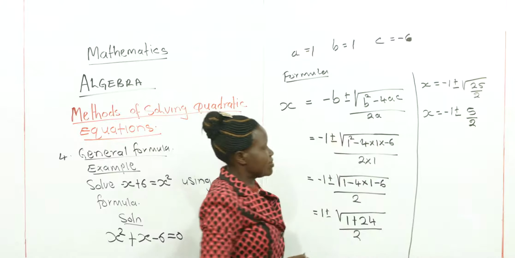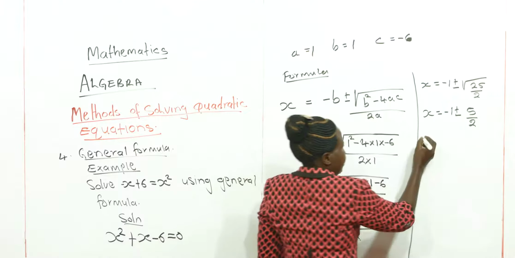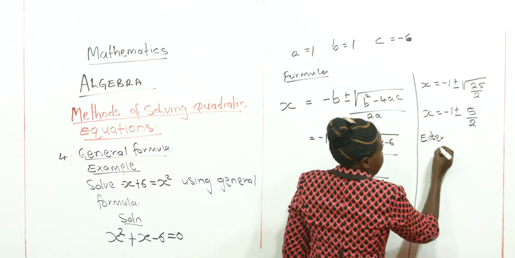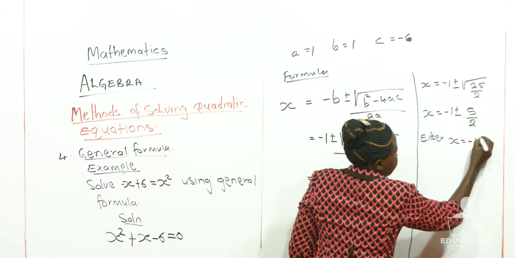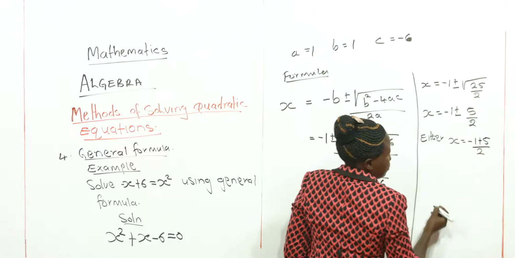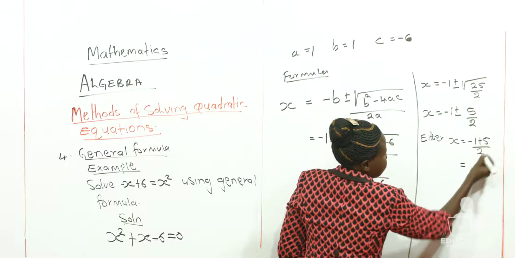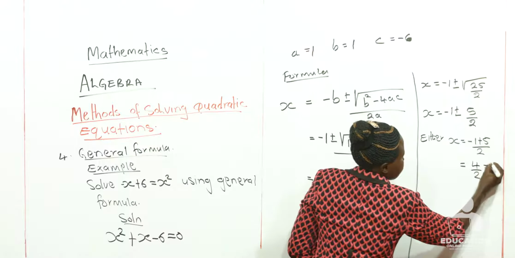Now at that level you can break the roots. So we shall have either x equals to negative 1 plus 5 all out of 2, which gives us 4 out of 2, which is equal to 2.